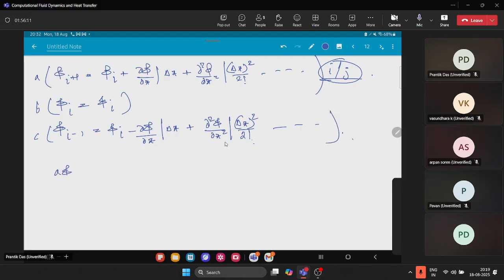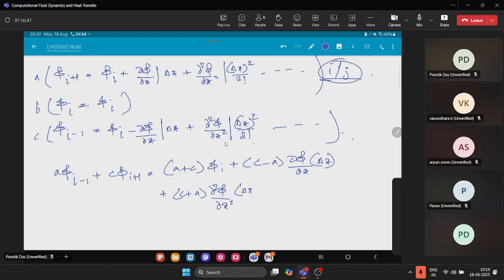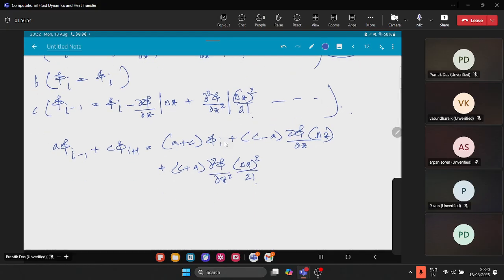So this actually becomes a phi I minus 1 plus c phi I plus 1 equal to a plus c phi I plus c minus a d phi dx delta x plus of c plus a d square phi dx square delta x square by 2 factorial plus c minus a d cube phi dx cube delta x cube.